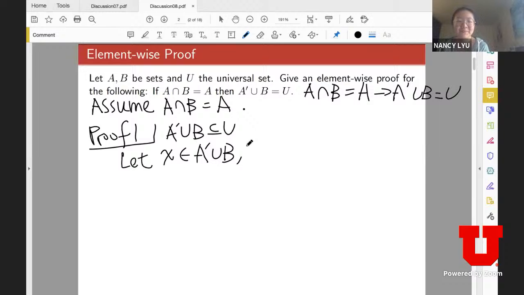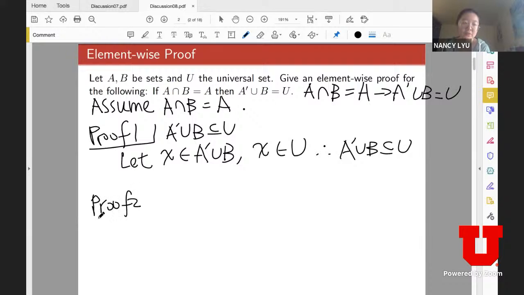Okay. So X belongs to the complement of A union B basically means that X is in the universal set, right? Because the universal set contains all the elements. So actually we have done this proof, and that's proof 1.